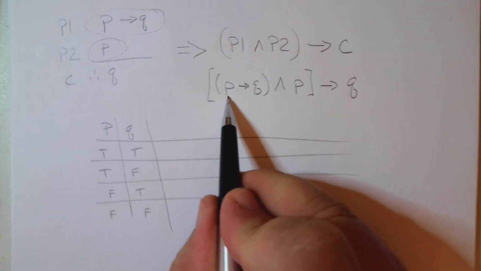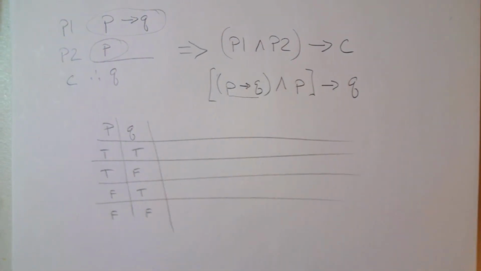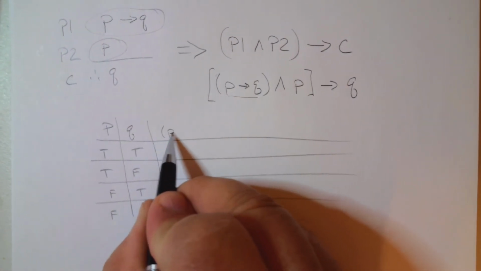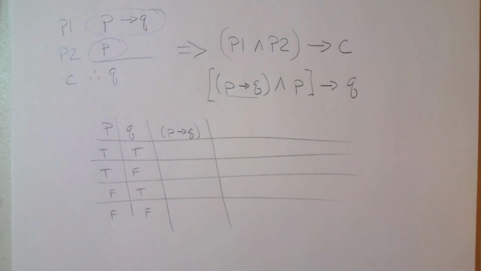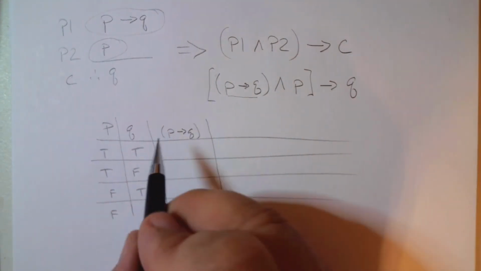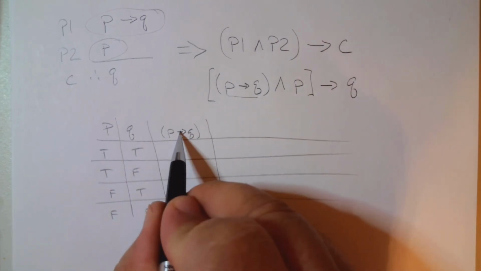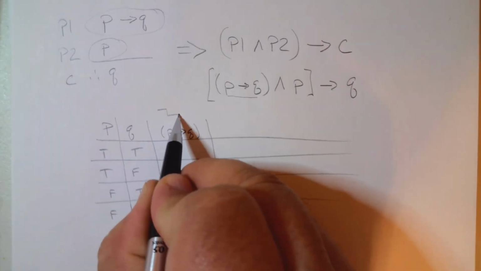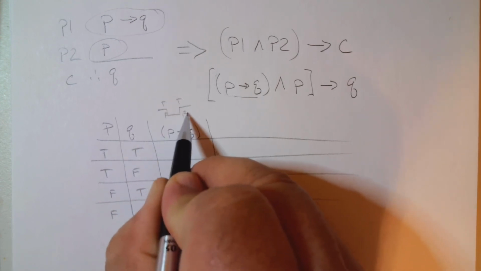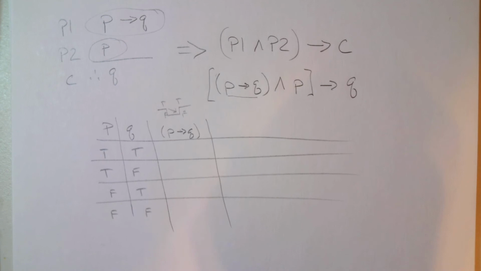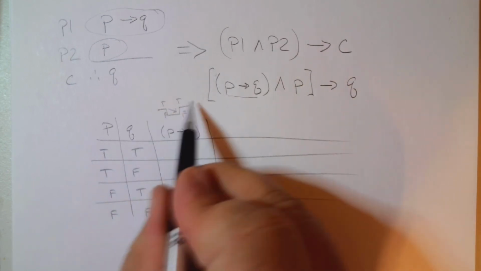So the first one to look at, let's do this one. If P, then Q. Remember, the if-then is the valley. True, true, false, false. It's only false if it goes from true to false. If it stays the same, it's good.